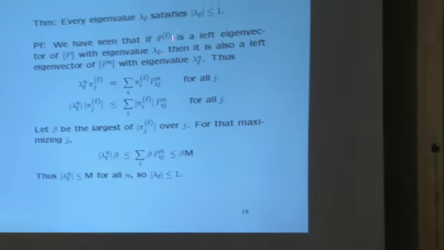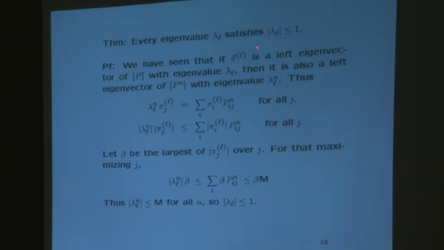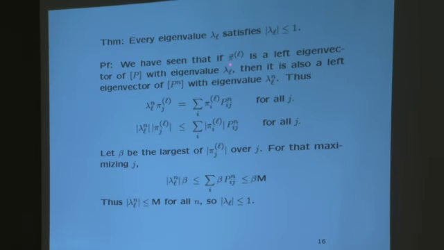So the proof of this is we want to assume that pi super L is the Lth of these eigenvectors of P. Its eigenvalue is lambda sub L. It also is a left eigenvector of P to the n with eigenvalue lambda to the n. That's what we've shown before. You can multiply this matrix P, and all you're doing is just taking powers of the eigenvalue.